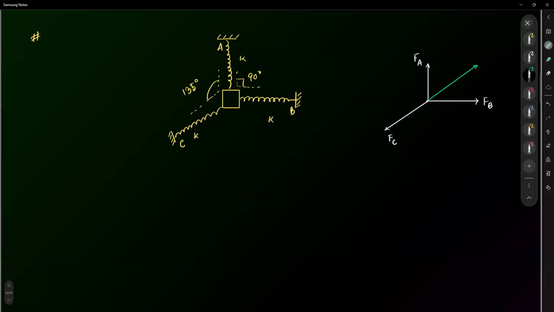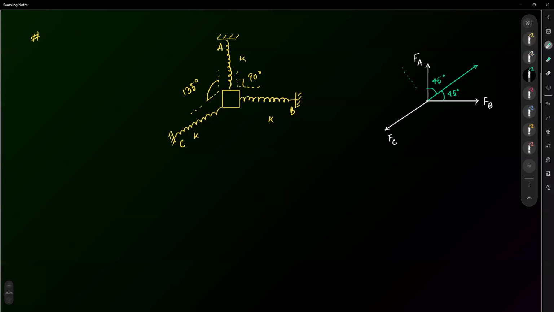And this is 45 degrees and 45 degrees, right? Now, if that is the case, then the component of FA, listen to this very carefully. The component of FA on this green line will be what?